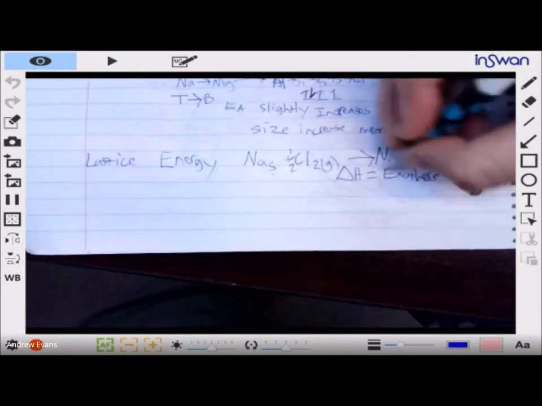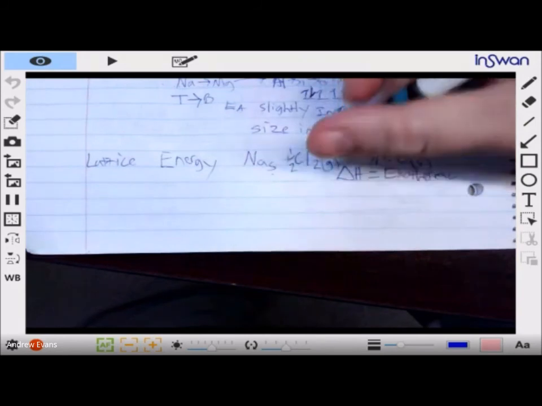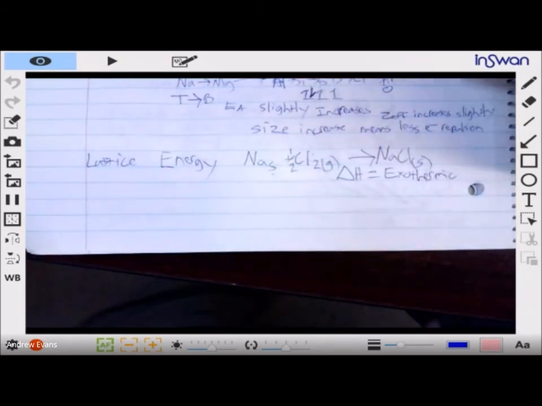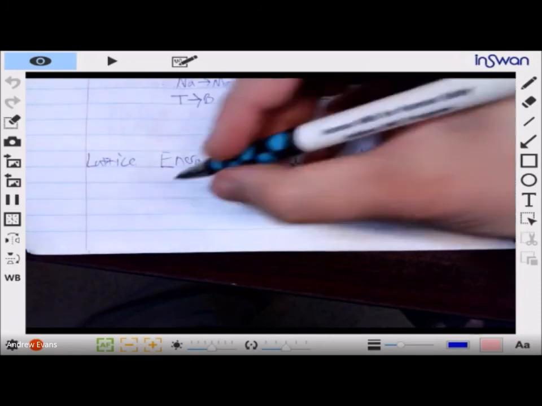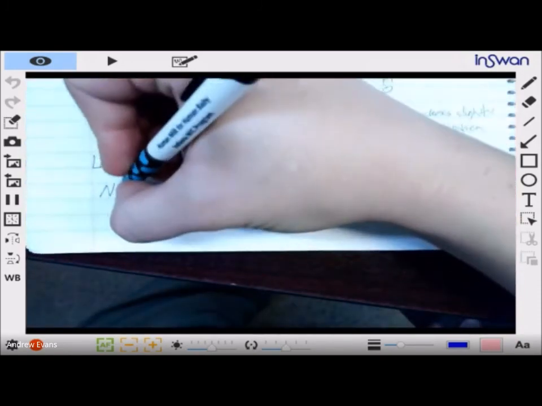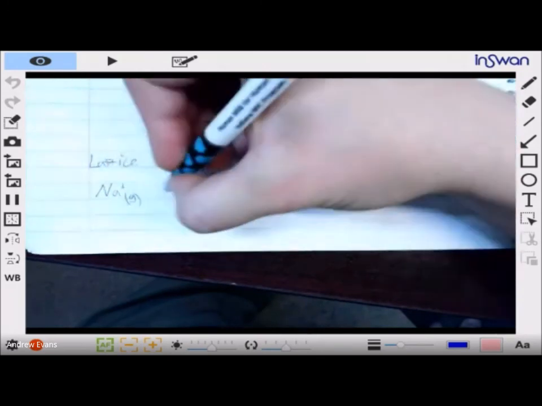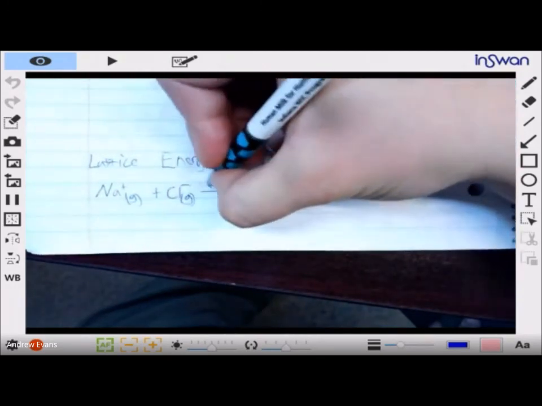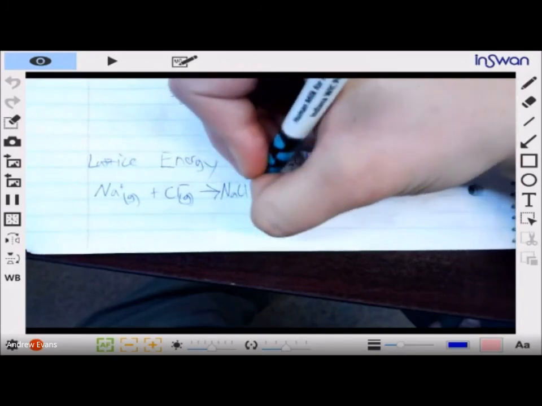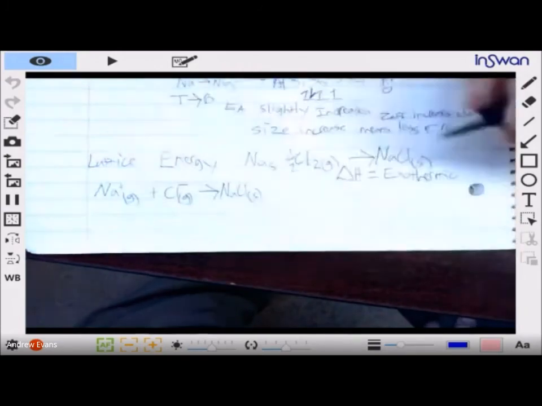But if you try to calculate the energy from all the little steps, you would fall short of the energy by a lot. That's because of the lattice energy, which is the energy to go from sodium plus gas and chlorine minus gas to sodium chloride solid, which is a huge uptake.